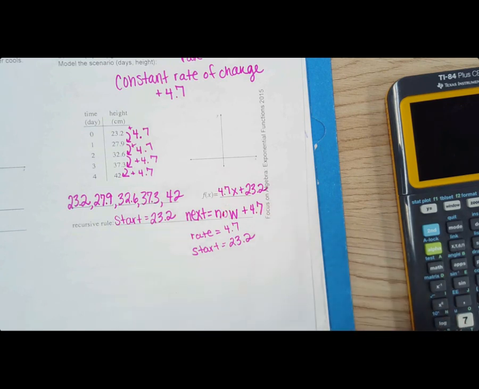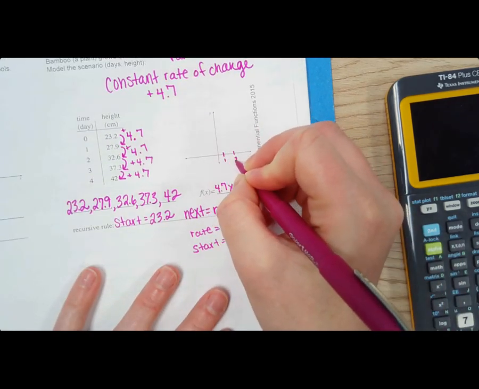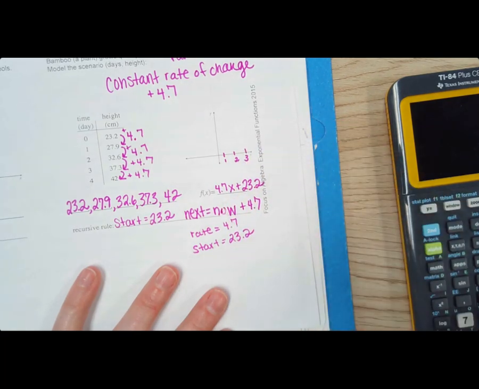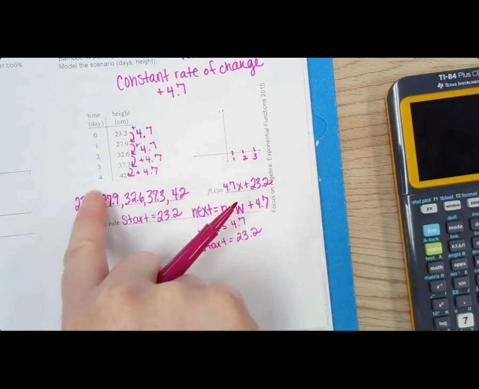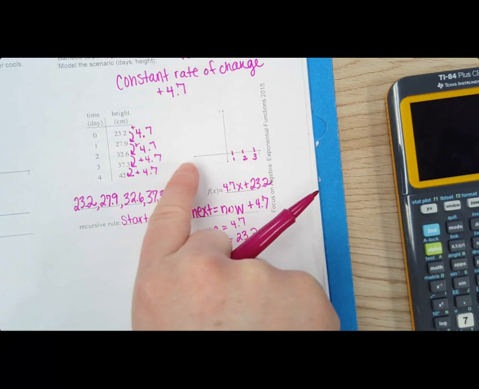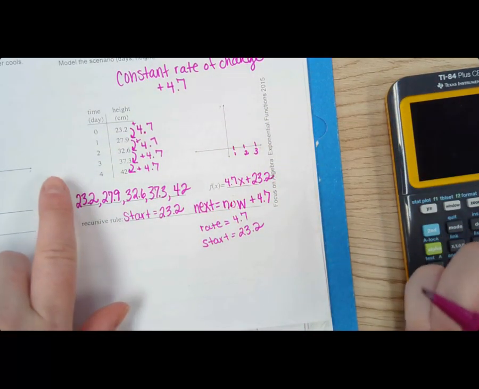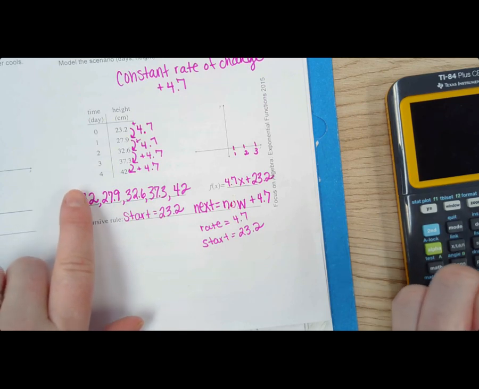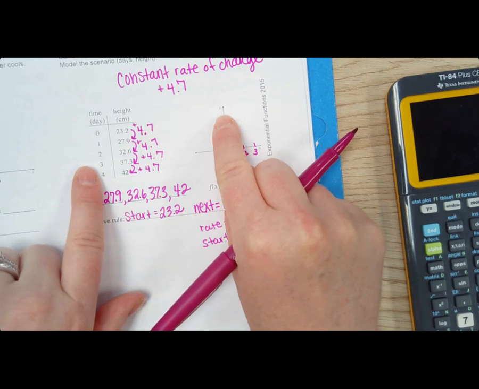So our last thing to do is graph it. So I want at least 3 points. So I'm going to do 1, 2, 3. So let's look at what our numbers are. The highest number that we're going to put is 37.3. So what should I count by here? 5s or 10s? Then I just have 10, 20, 30, 40.